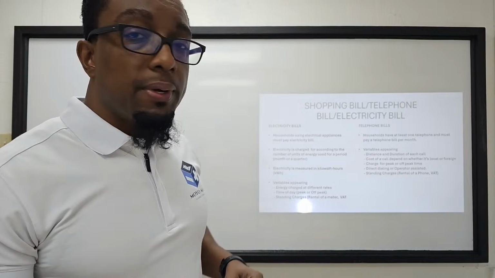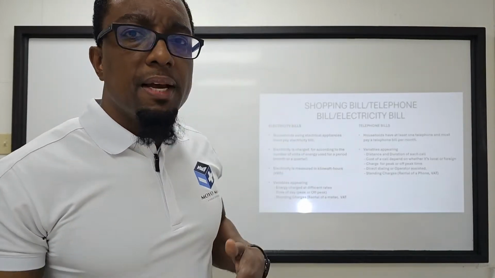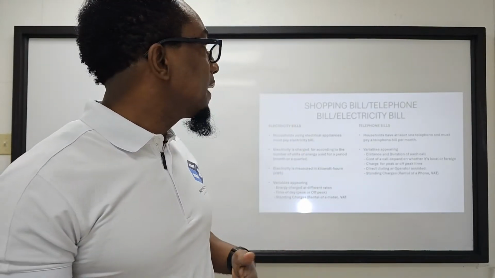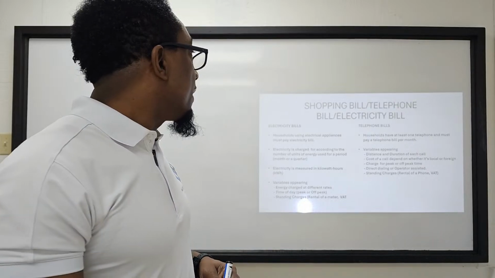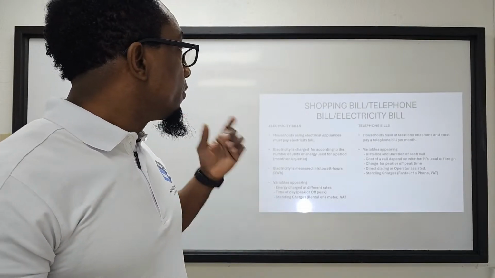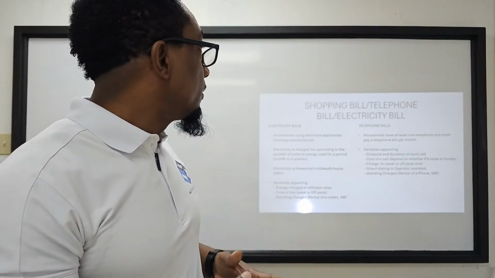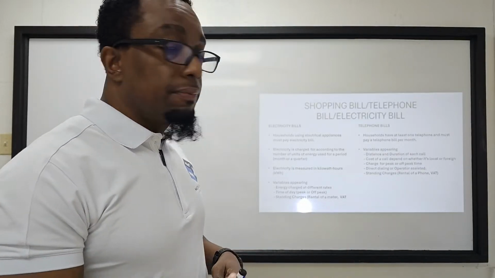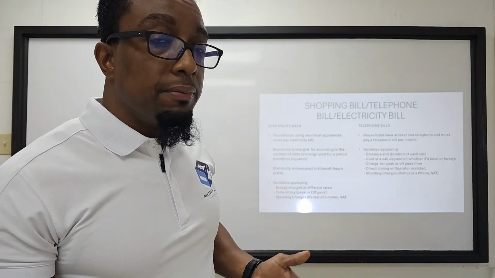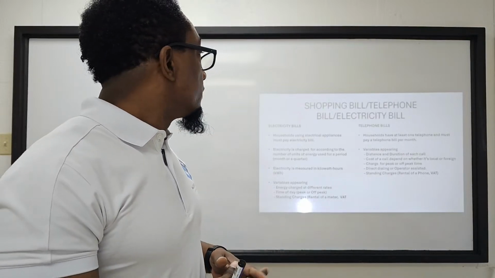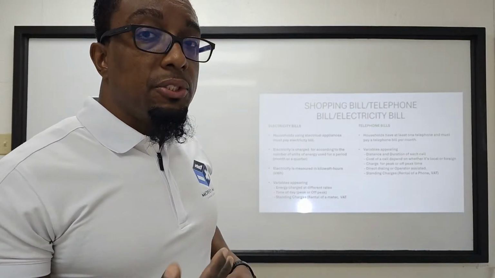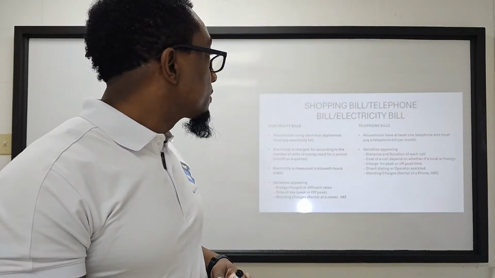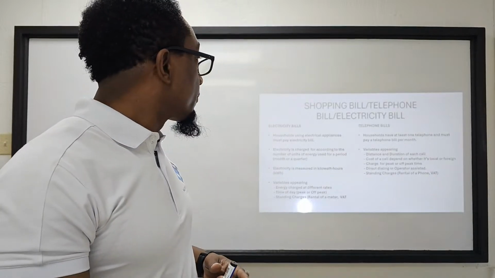Starting off with bills, we have different types of bills. You have shopping bills, phone bills, and electricity bills. If it's your electricity bill, which is a household bill, or a bill for an office, we know that using electrical appliances, we must pay an electricity bill.